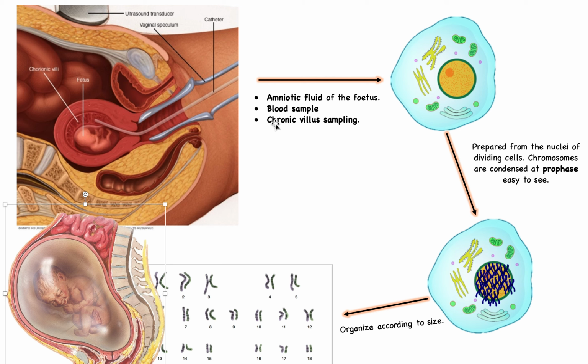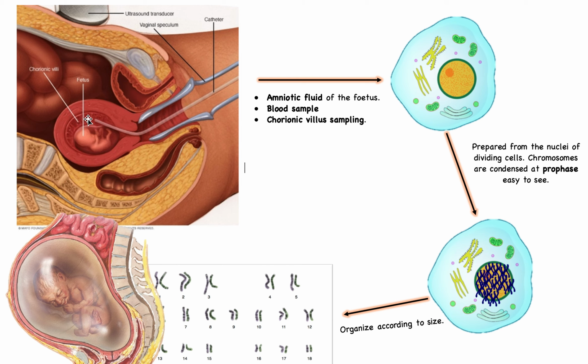Now the last one in a baby would be chorionic villus sampling. So this is similar to amniotic fluid, but a different place. So the amniotic fluid would be surrounding the baby, whereas chorionic villus sampling would be over here in the placenta. These cells also are going to be the same cells that the baby has.